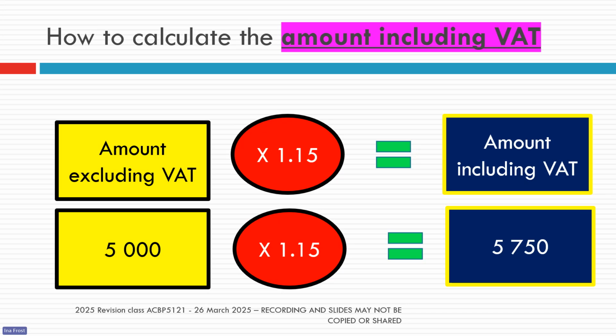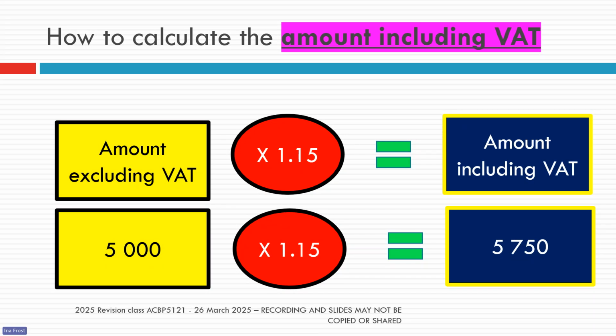So the amount excluding VAT, again, if we use the 5,000 rands, if I multiply it with 1.15, then it gives me the amount including VAT of 5,750 rands.